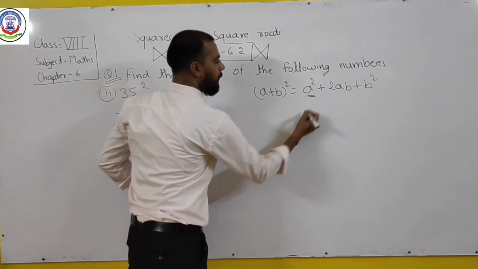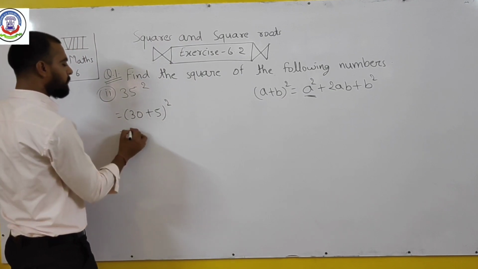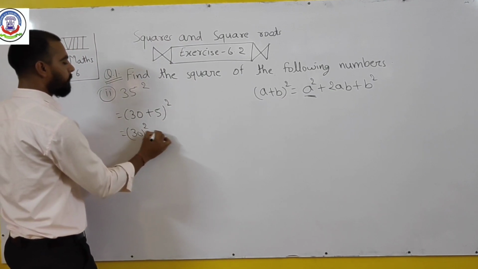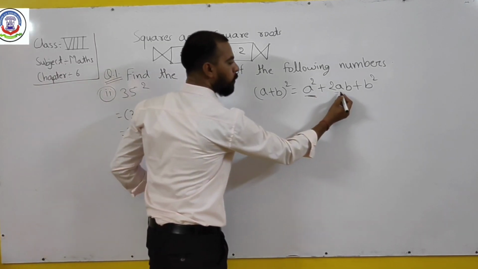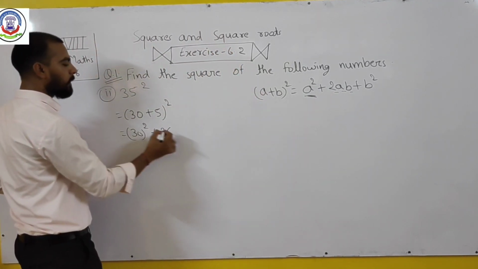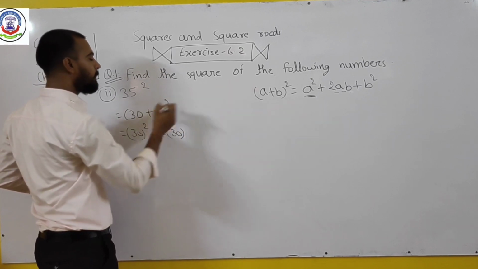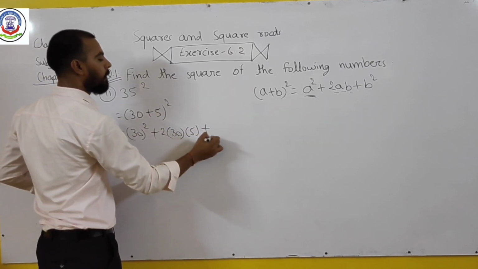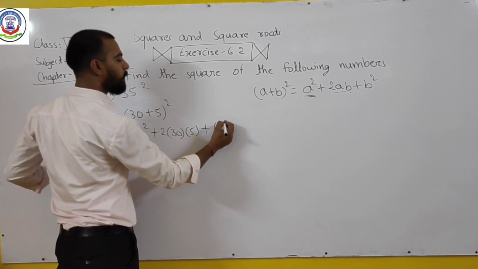In this formula we have A square, that means 30 square, plus 2AB, that means 2, our A is 30 and B is 5, then B square, that means 5 square.